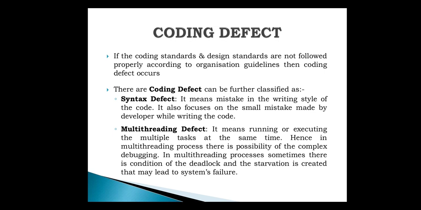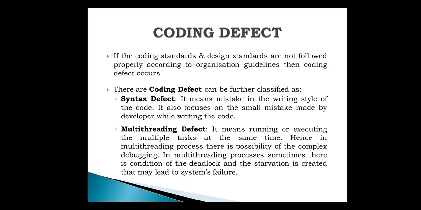It means running or executing multiple tasks at the same time. If you run more than one task at a time, it is called multitasking. Your multiple tasks are executing, and the processor is processing both tasks at a time, so it is called multiple threads.